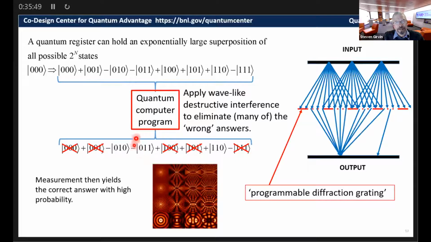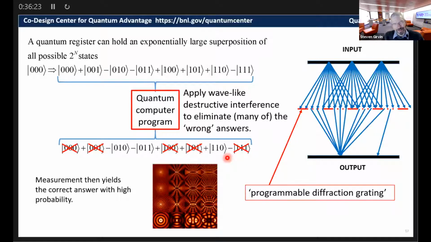And so you can kind of think of a quantum computer and its algorithm as a kind of programmable diffraction grating. You have these wave-like superpositions at the input. They're propagating through the quantum computer, and you adjust their path lengths and phases, and you block certain paths in such a way that you get many waves arriving at the right answer in the output register and very few at the wrong answer.